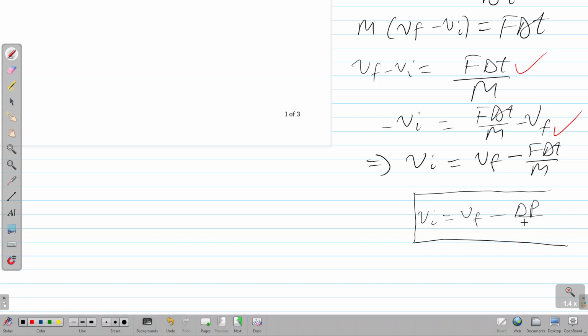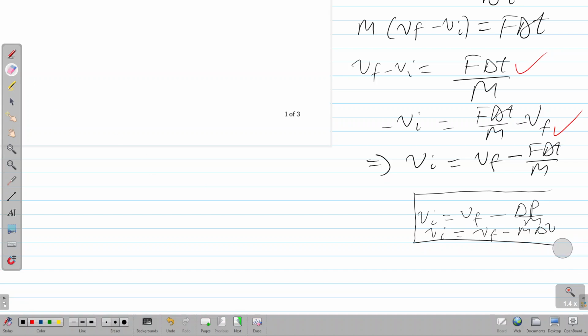Change in momentum divided by mass. So this is saying that v initial, the starting velocity, is the final velocity minus the change in momentum over mass.